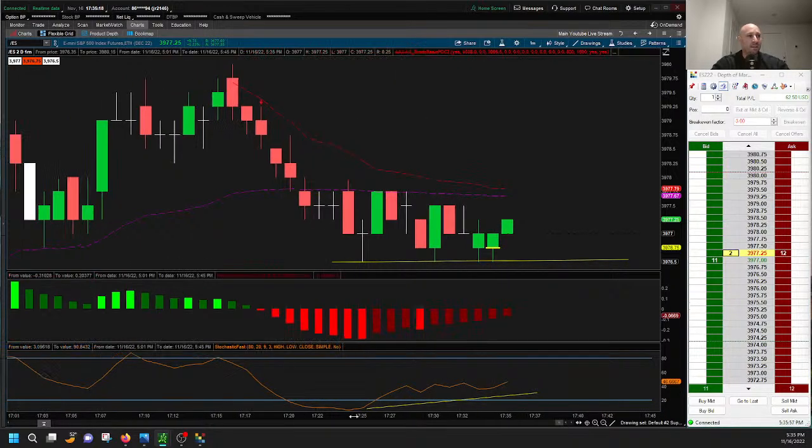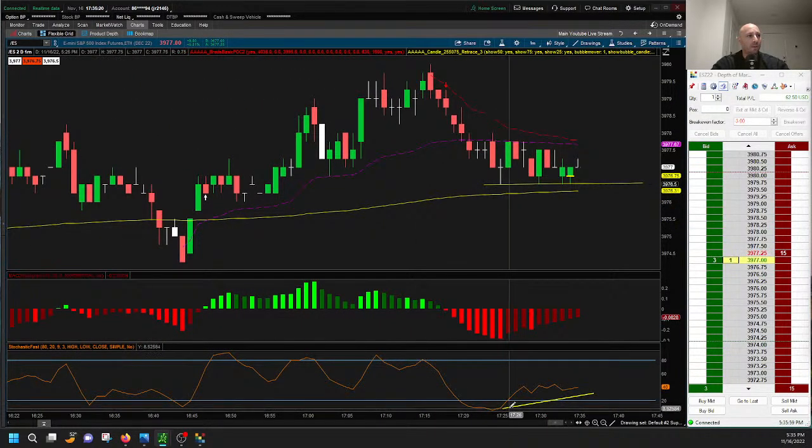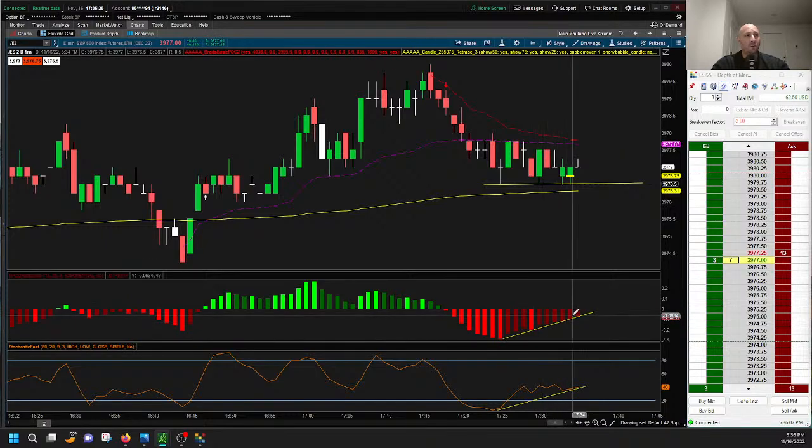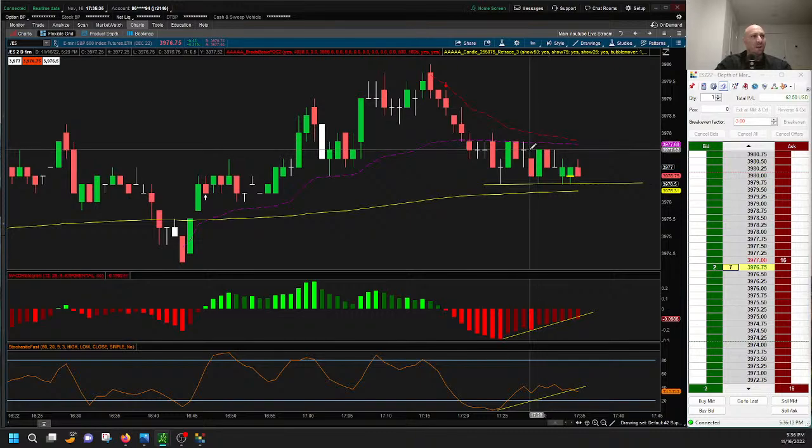You still have the clean divergence, right? Right here. Look at this, right? Look at the histogram, right? The bars are getting smaller and smaller, even though we're down here. But the line in the sand right now is this high. We need to break. I would not take this trade unless we broke above here.